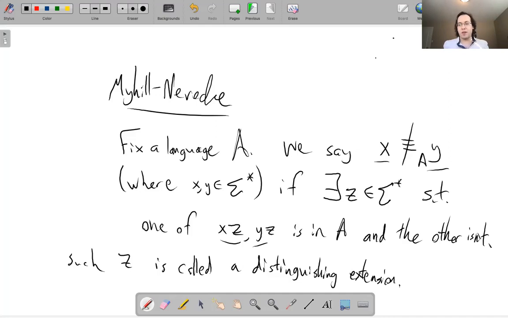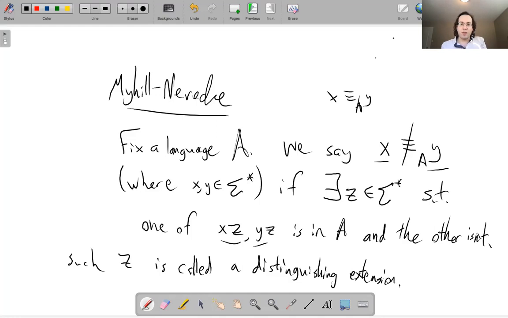But for the minimal DFA for A, the smallest DFA, the one with fewest states, it turns out, first of all, that such a DFA is unique. There's only one smallest DFA for A. And second, that X is equivalent to Y under A if and only if the minimal DFA for A gets to the same state when run on X and when run on Y.